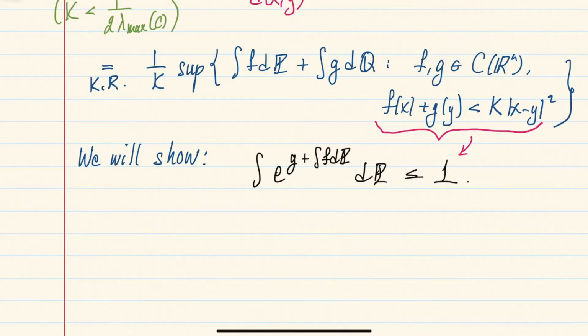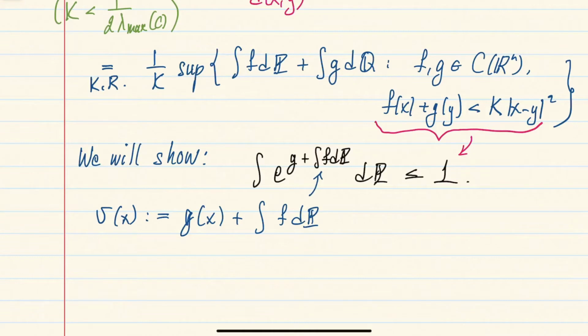Okay, namely here, if you take this pair f and g and denote by v of x this g of x plus this constant, the integral of f with respect to p. So in other words, this is the function that appears here. Right? So in other words, what we will prove is that the integral of e to v with respect to p is bounded by 1.